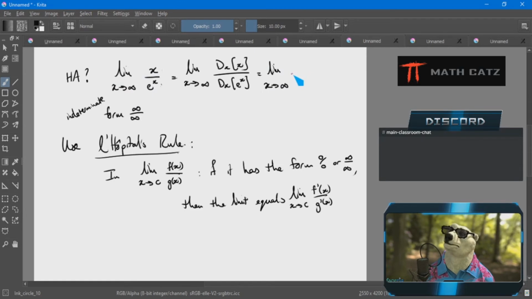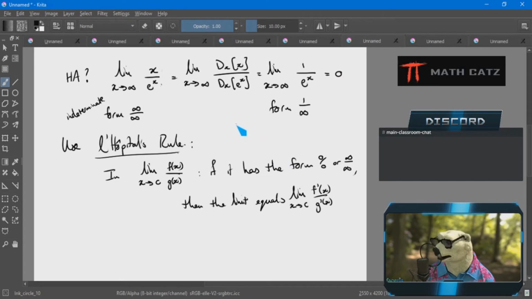I don't have a rational function shortcut anymore. The derivative of the top is 1. The derivative of the bottom is e to the x. What is the form of this limit? 1 over infinity. And we've seen before, if the numerator is constant and the denominator blows up, the whole thing shrinks down to 0.